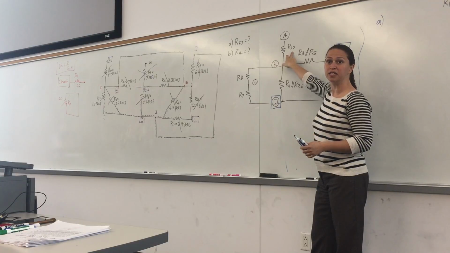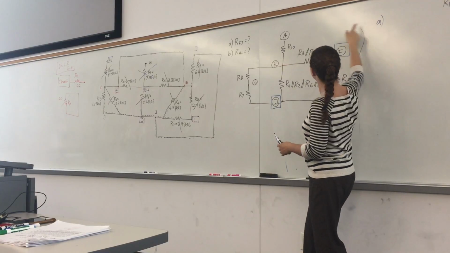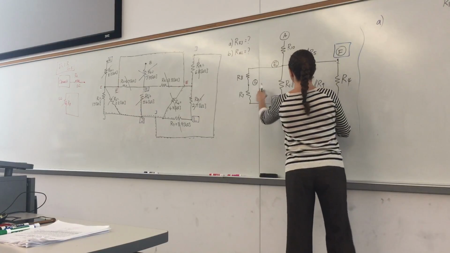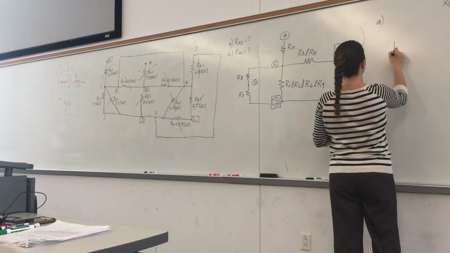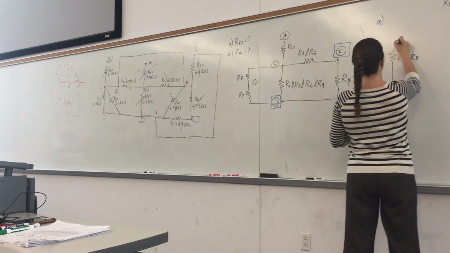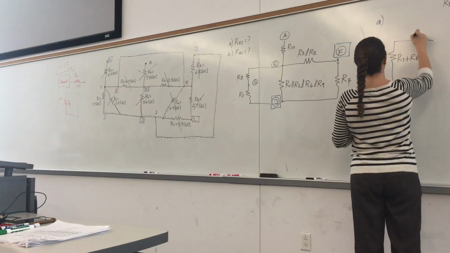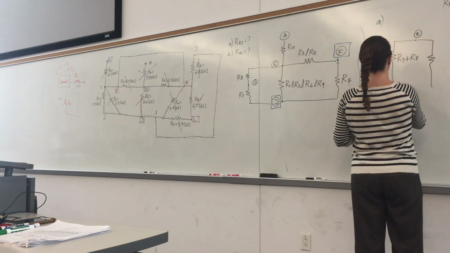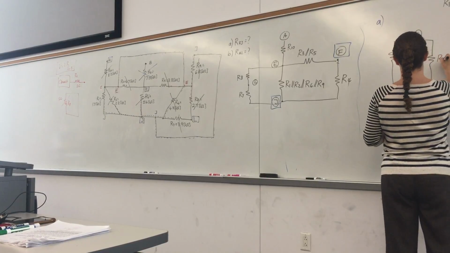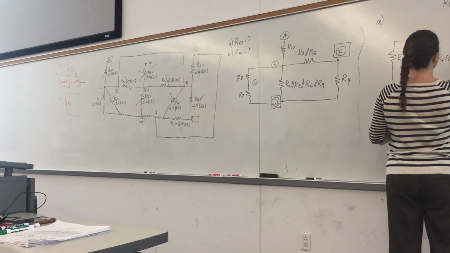R10 is a dummy resistor in this case, right? Because I don't have anything connected to A. So get rid of R10, combine those two. Now we end up with R7 plus R8. This is node E. Every time you have to keep track of your nodes. So this is J. This is 1, 2, 6, 9.